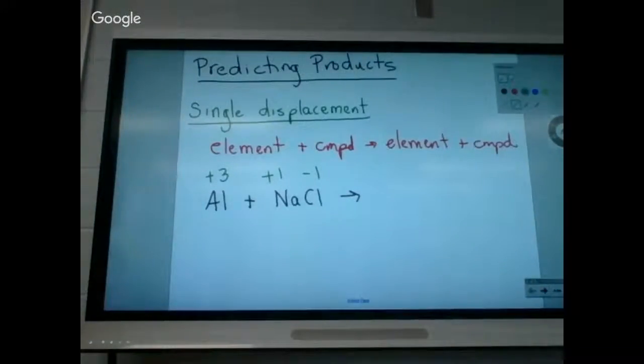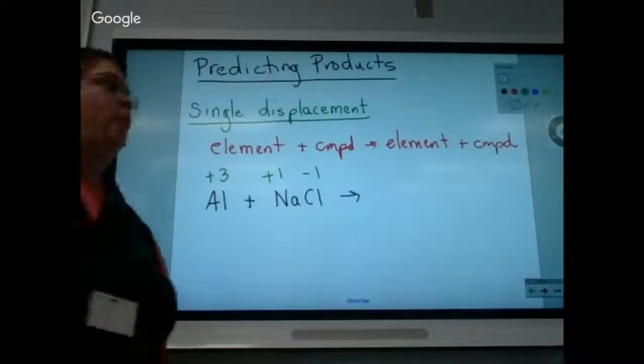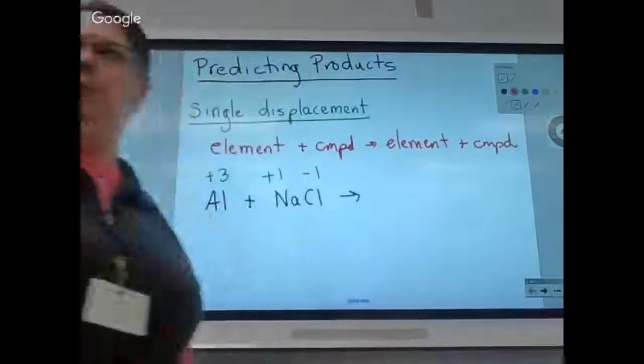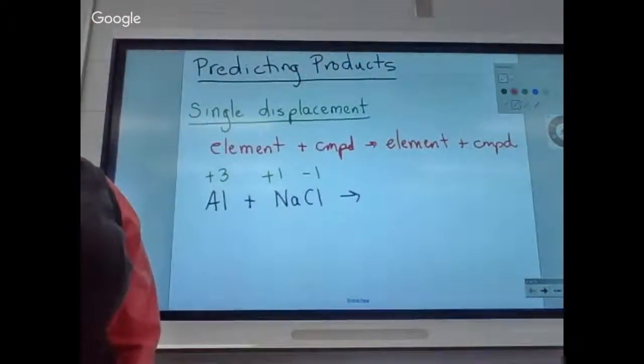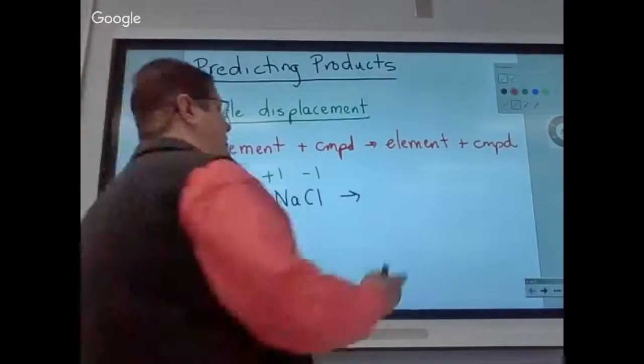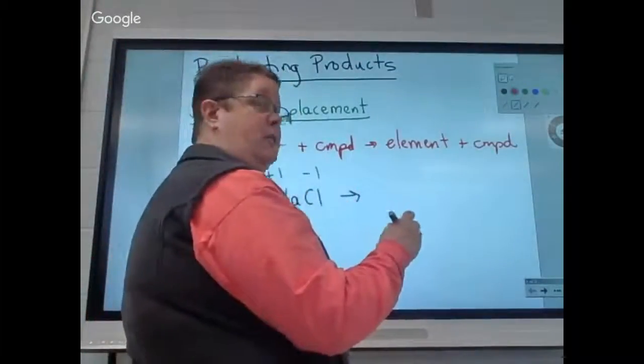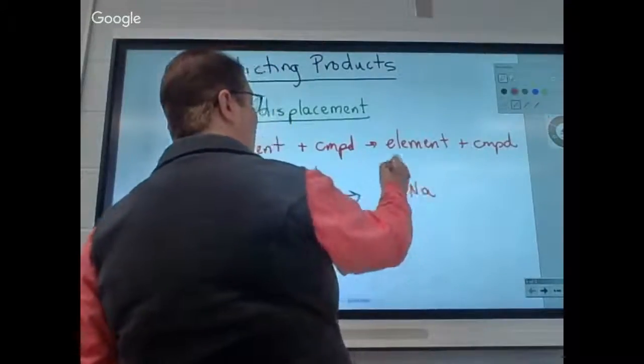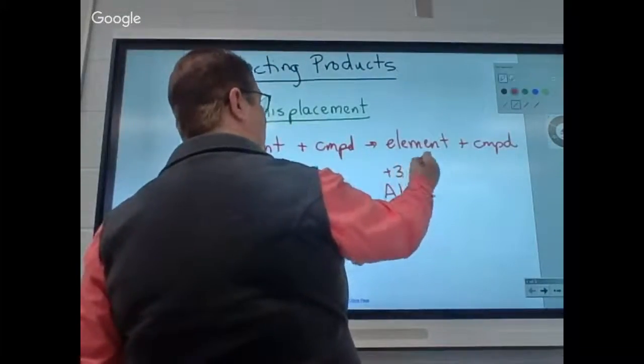So when we look at this, step 2 is to switch the elements that have the same sign. So we're switching which 2 elements? We're not putting them together, which is what a lot of people want to do. Don't write this, particularly those of you writing in ink. If I put Al and Na together, I have a positive 3 and a positive 1.